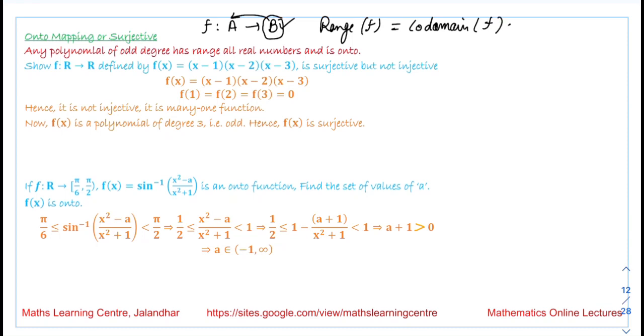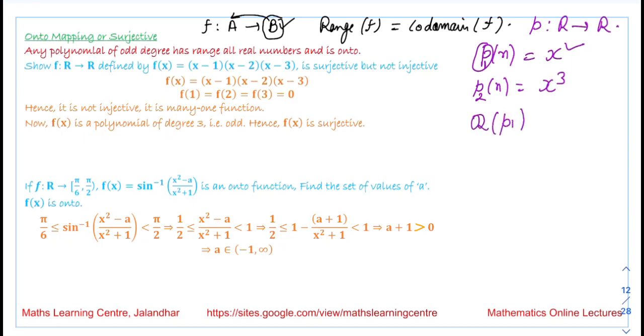Now suppose we are talking about the polynomial function p(x) equal to x, or the polynomial function equal to x cube. In both cases the domain of this function p is R and the codomain is R. Say this is the function p1, this is the function p2. The range of the function p1 is equal to R, which is the codomain of this function.